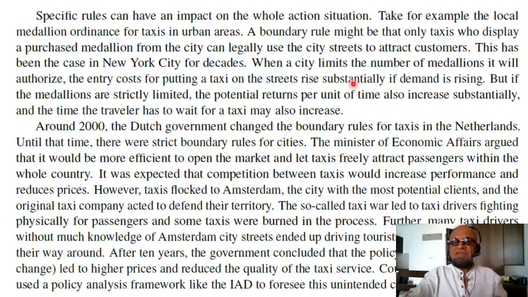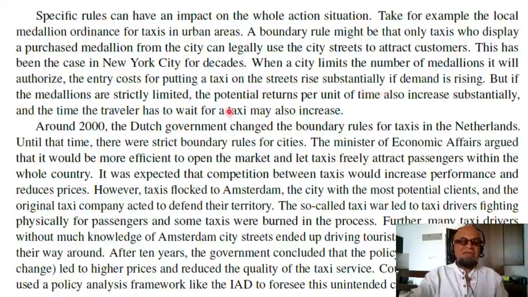When a city limits the number of medallions it will authorize, the entry costs for putting a taxi on the streets rise substantially if demand is rising. So you pay a certain amount for the medallion to get permission to be a taxi, and then you have to make that money back. So if demand goes up, more requests for medallions will come in.